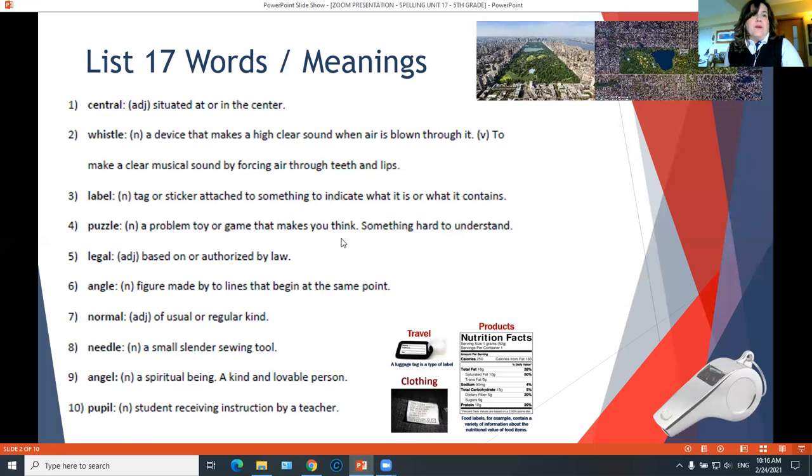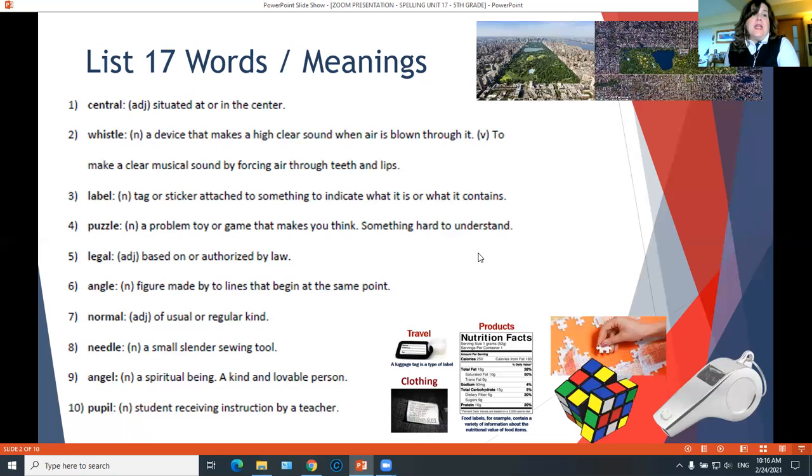Puzzle, number 4, puzzle. It also ends with that sound, okay? It's a noun, and it refers to a problem, toy, or game that makes you think, like the Rubik's Cube, for example, or a 500 pieces jigsaw puzzle, like the one shown in the picture. Then we have legal.